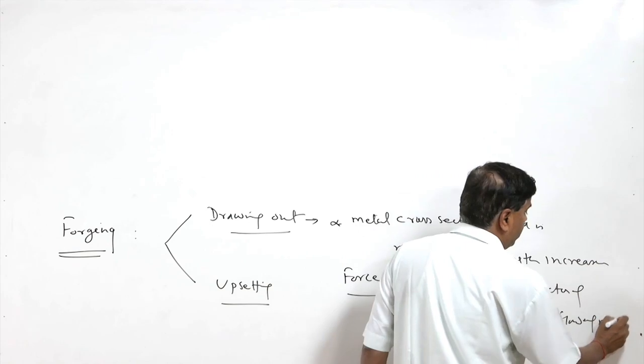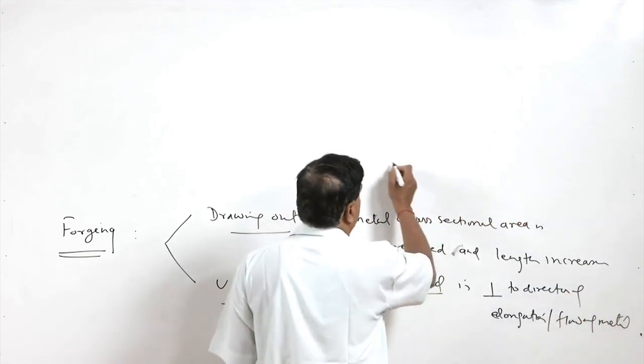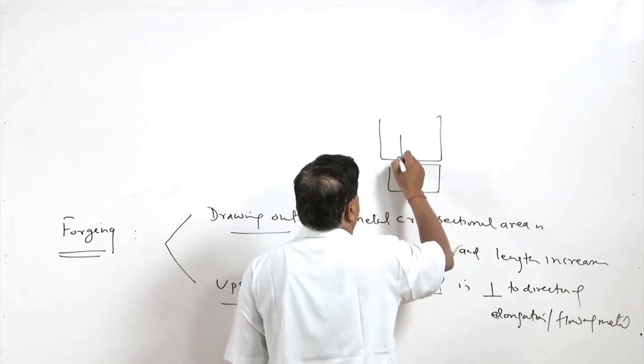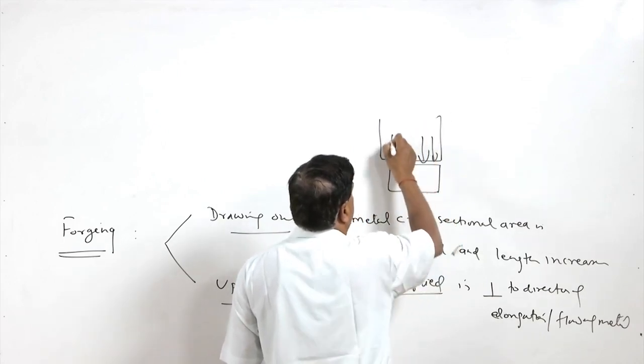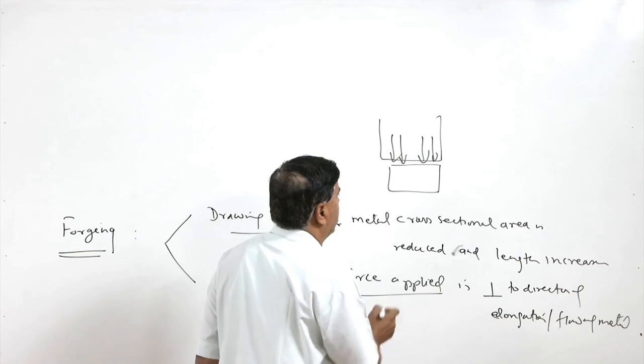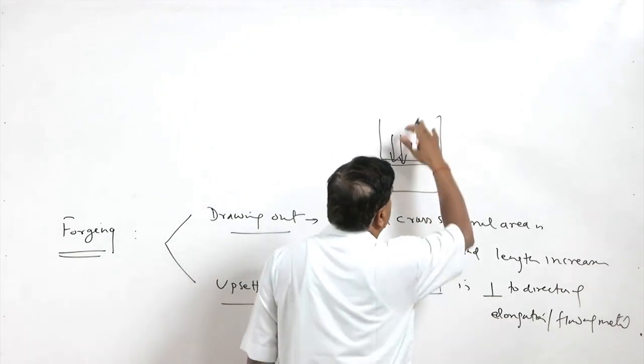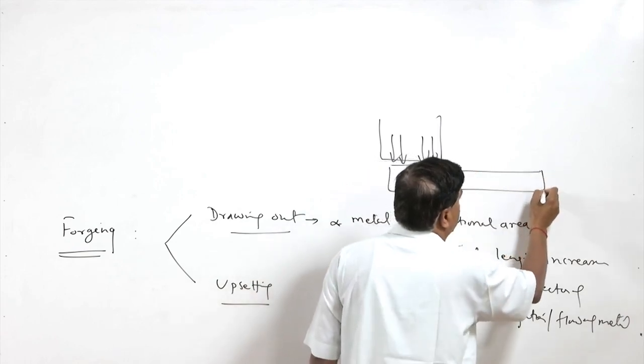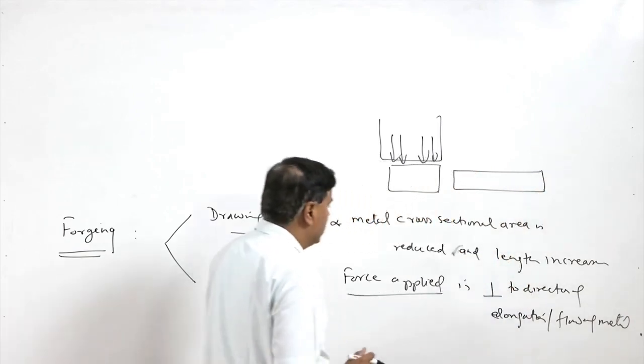Like this, the piece is subjected to force in this manner with the help of the ram or the open die. Here it compresses and reduces the thickness and thereby increases the length.